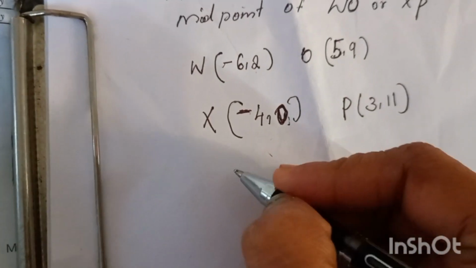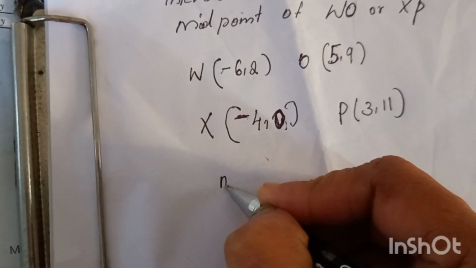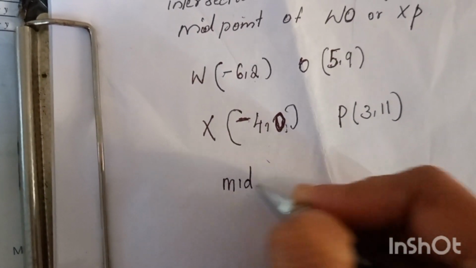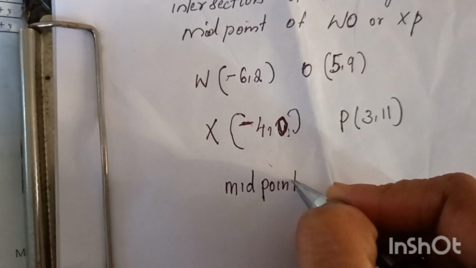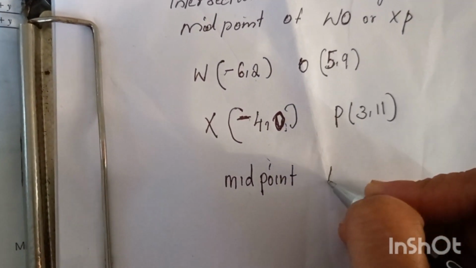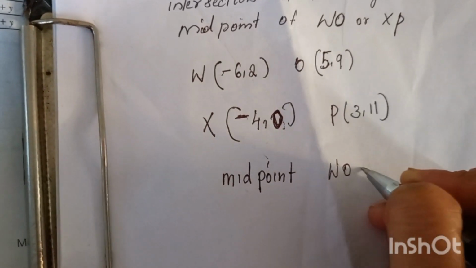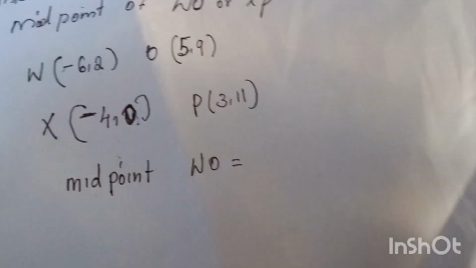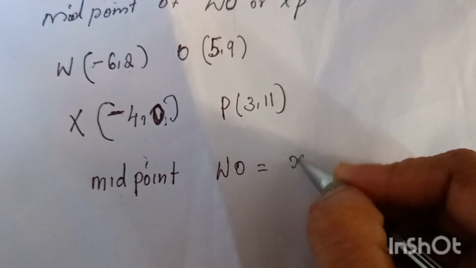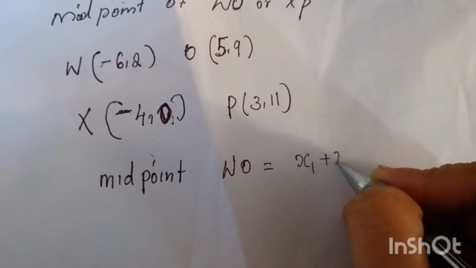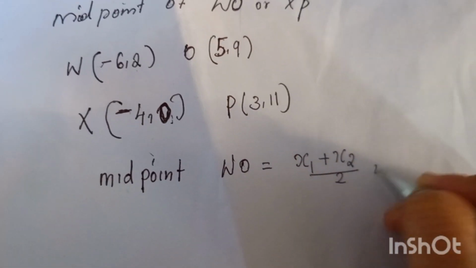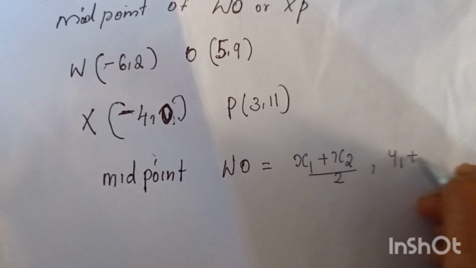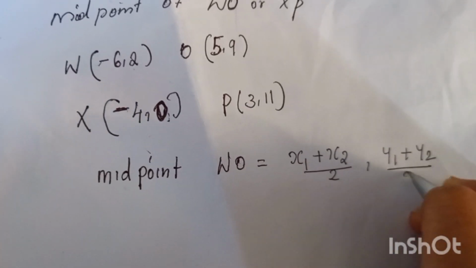Midpoint of W and O is equal to x1 plus x2 by 2, y1 plus y2 by 2.